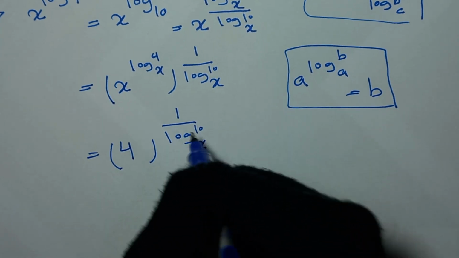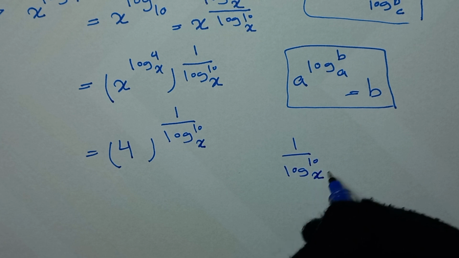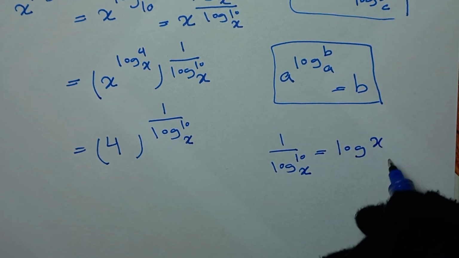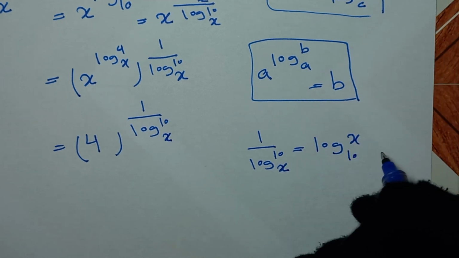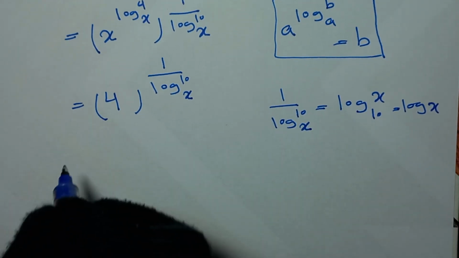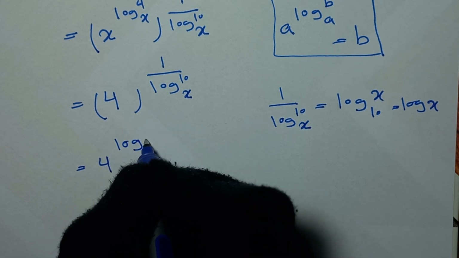And from log rules, 1 over log of 10 to base x is equal to log of x to base 10. And this is equal to log of x, right? So in here, we write this as 4 to power of log of x.